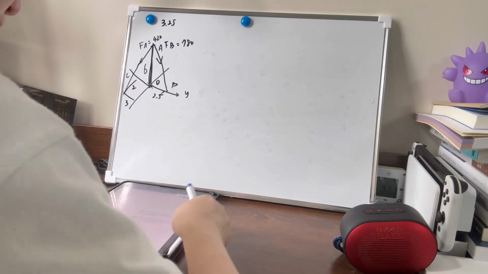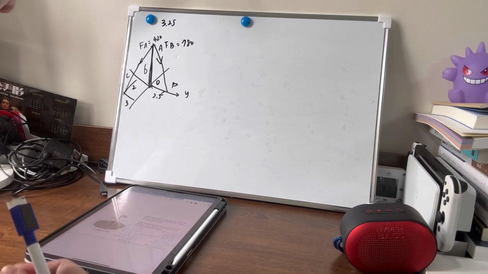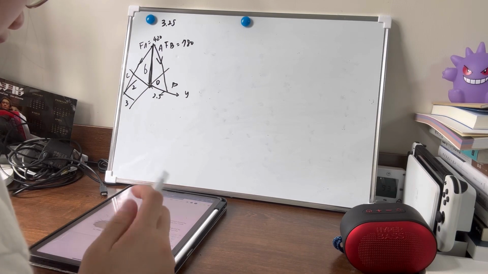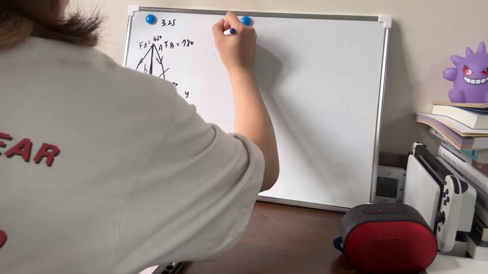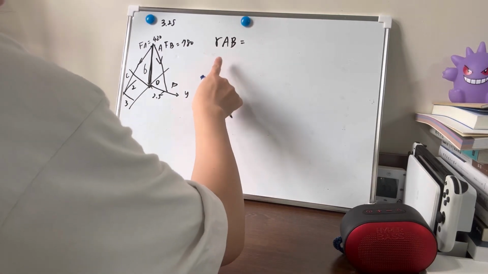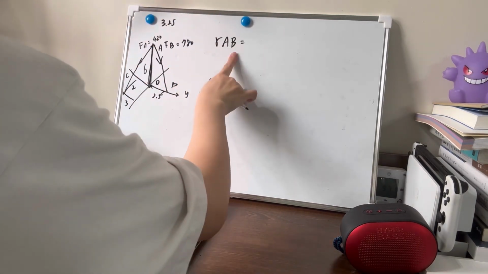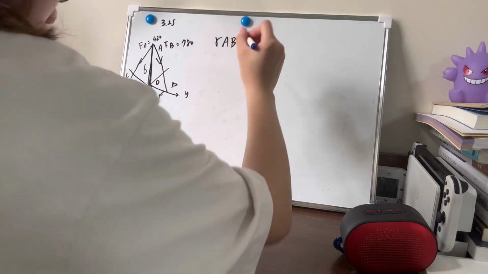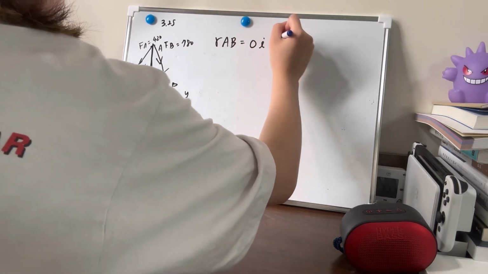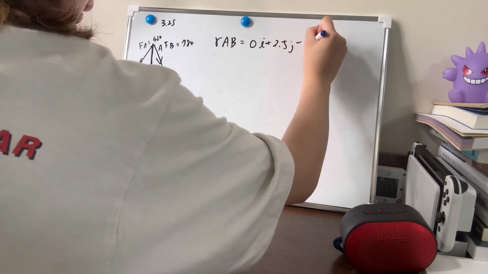And now the next question, we have to determine the moment produced by force FB and FC at the point O. So we can write down RAB, which means the distance of A and B, so it could be B minus A. So we know it's 6K.